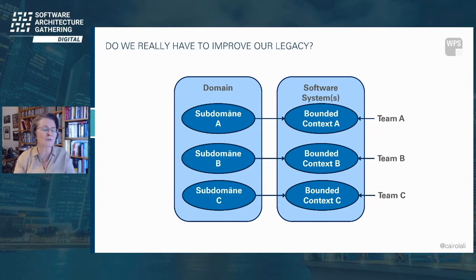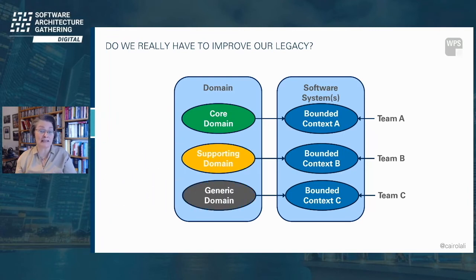No, I would always ask you to start with one of them, and I will now show you which one this is, because domain-driven design names 3 different types of subdomains, and that can help us to find out where to start. There is the core domain, the supporting domain, and the generic domain.